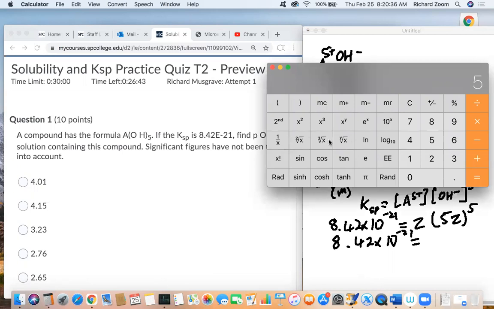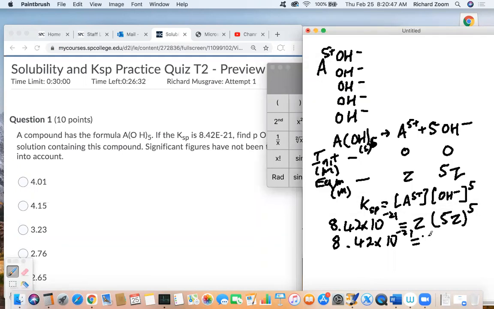5 to the power of 5 is 3125. And that'll be z to the 6th. So z is going to equal the 6th root.